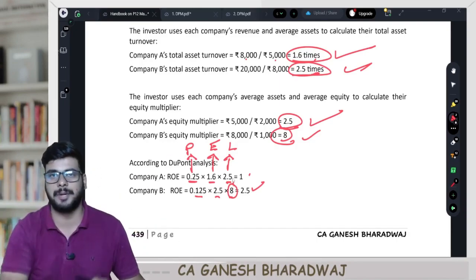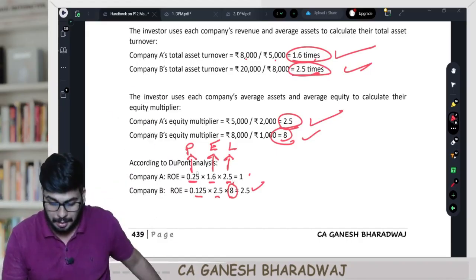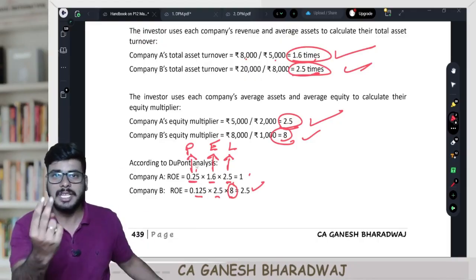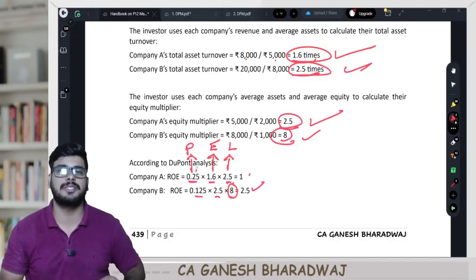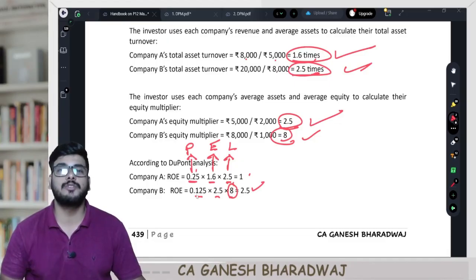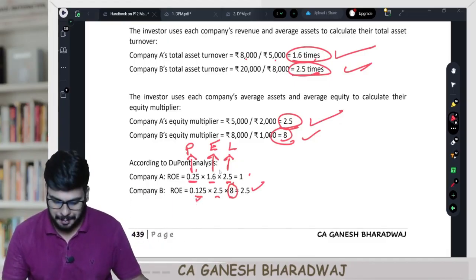This is just a temporary feature. But look at the profitability. Company A has a net profit ratio of 25%, which means for every 100 rupees of sale made, they are earning organically from their operations 25%. Whereas company B is only earning half of it, only 12.5. So the profitability is not up to the mark for company B.